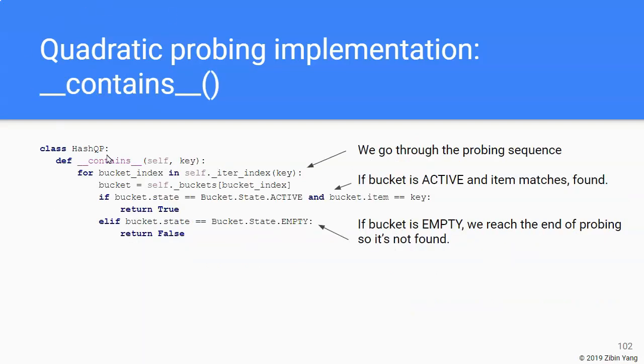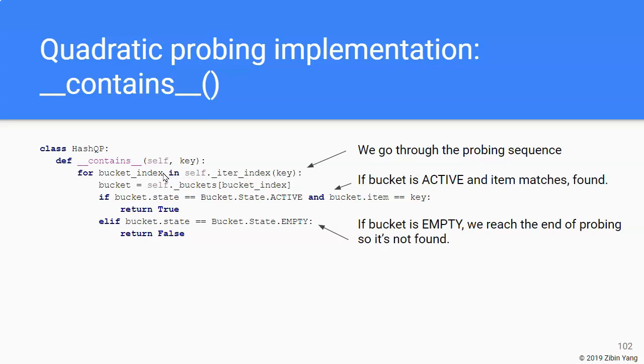Next, let's take a look at the contains method that, when given a key, will look up if that key exists in the hash table. So to do that, we go through the probing sequence again, right, based on what the key is.